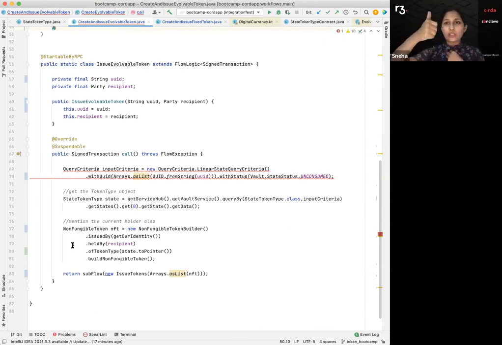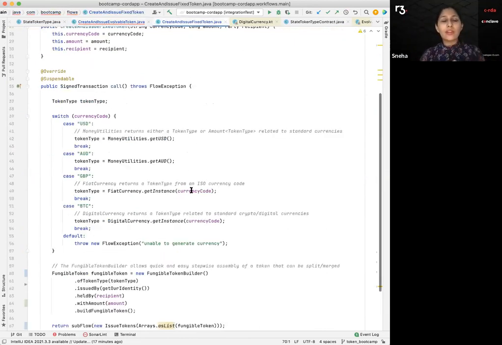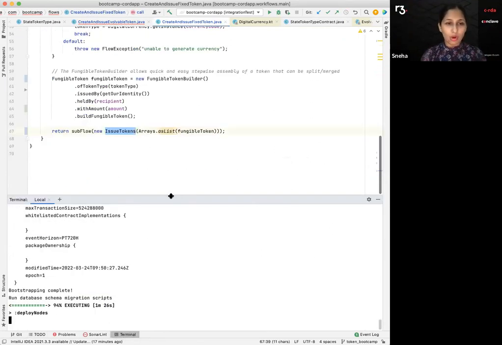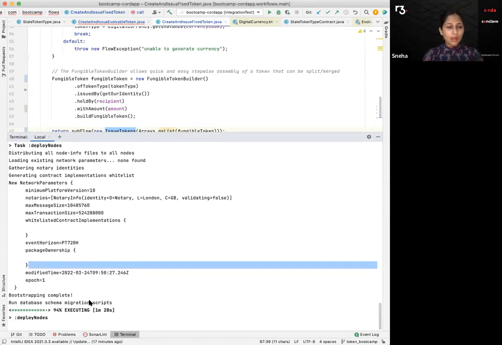You have to specify who the issuer is, who is the current holder, and what's the token type of this particular token. And again, over here, we did the same thing. It's just that the base token type was fixed. It was not evolvable. And then we issued fungible tokens instead of non-fungible tokens on top of this base fixed token. And then we call certain inbuilt flows to do what we really want to do. So I think the bootstrapping is almost complete.